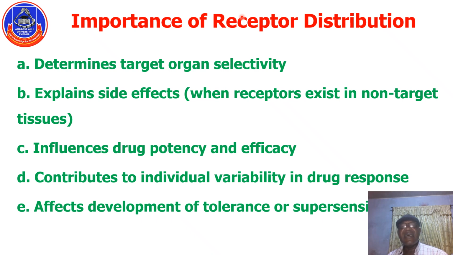Whereas the target organ for that particular drug is the liver, but the effect will also be felt in the testes. Because testis is not the desired target organ, then whatever effect is produced at the level of testis is a side effect and not the desired effect.